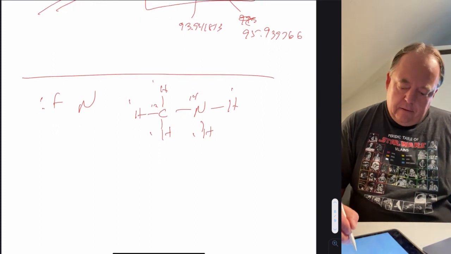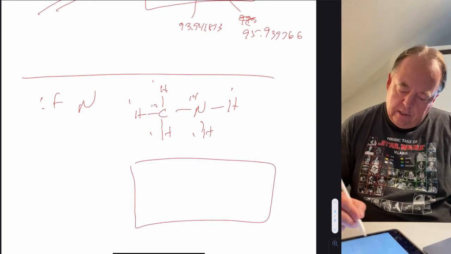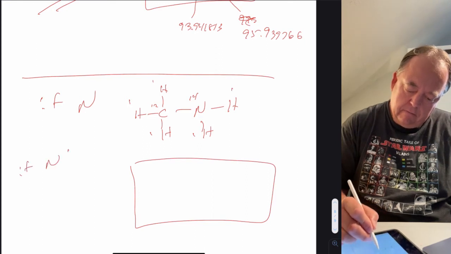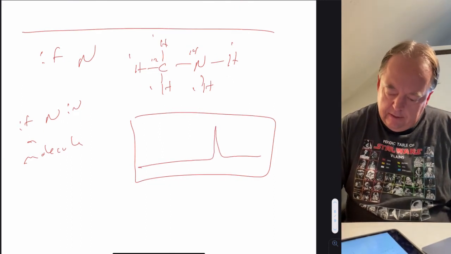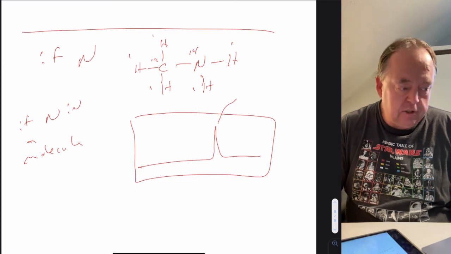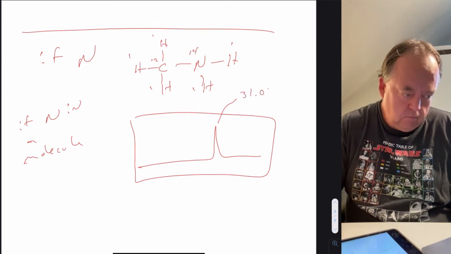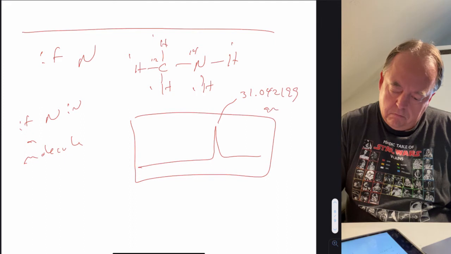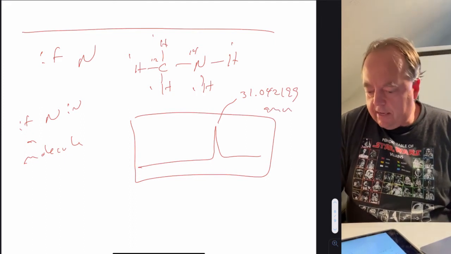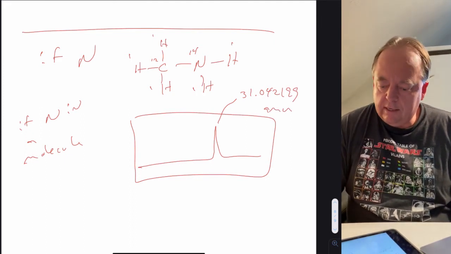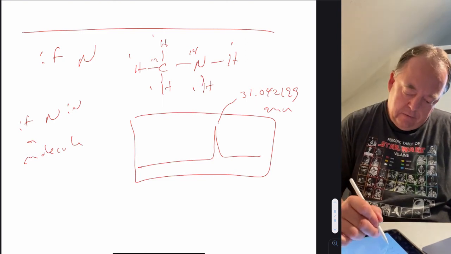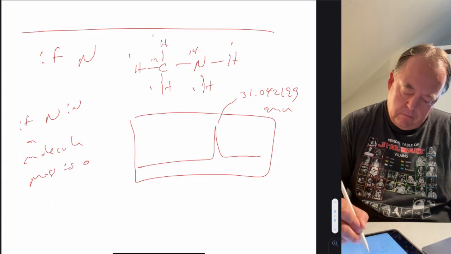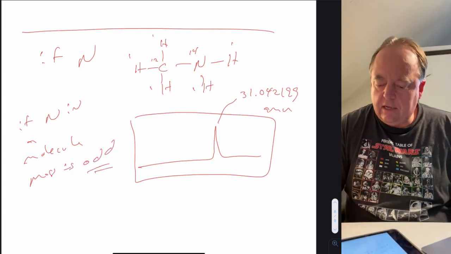There is only one main isotope of nitrogen in nature. So if you add the mass of this up using the nitrogen 14 isotope, then this molecule would have a mass of 31.042199 atomic mass units. So it's easy to tell nitrogen is in the molecule because the mass is odd.